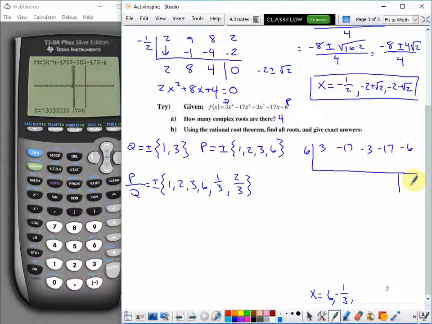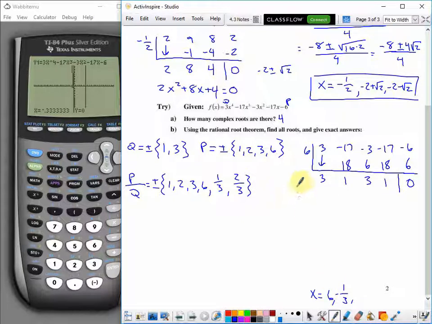I better get a 0 there or else I made a mistake. So we'll bring down the 3, multiply, add, multiply, add, multiply, add, multiply, and add, and I got a remainder of 0, so I'm good. I've got a constant x, x squared, and x cubed. That's a problem. I need to get down to an x squared, so I've got to divide again.